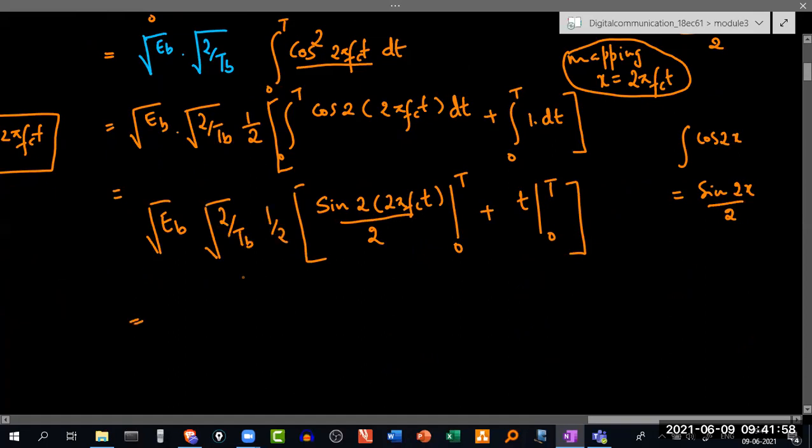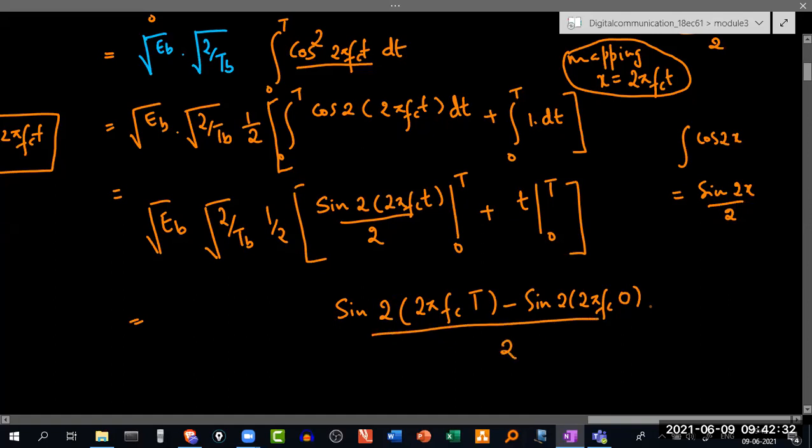Now over here, if I substitute upper limit minus lower limit, I'll in turn have sine 2 times 2 pi fc capital T minus sine 2 into 2 pi fc with the lower limit 0, this entire thing divided by 2, plus T minus 0.